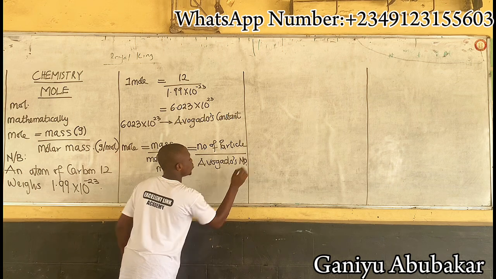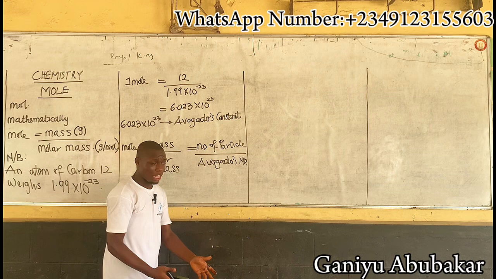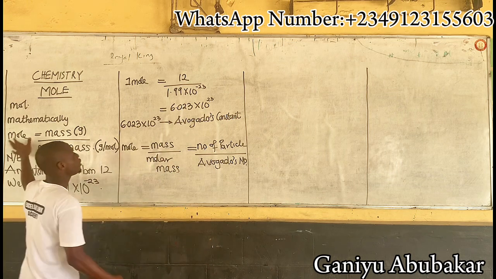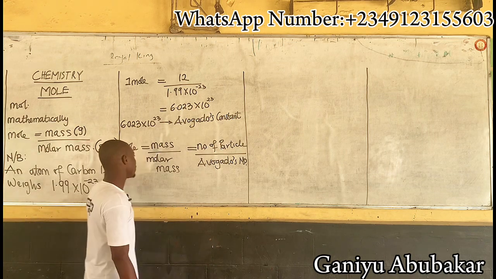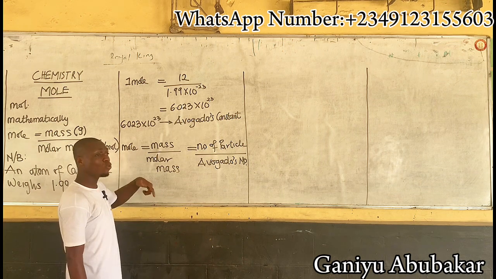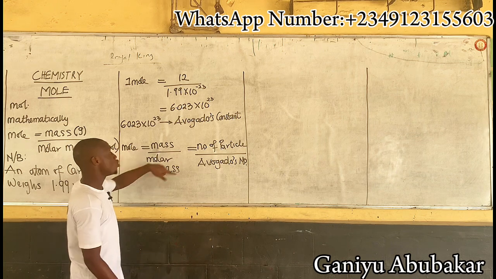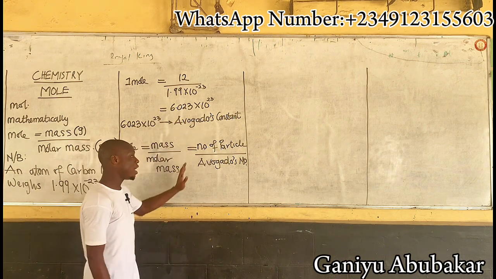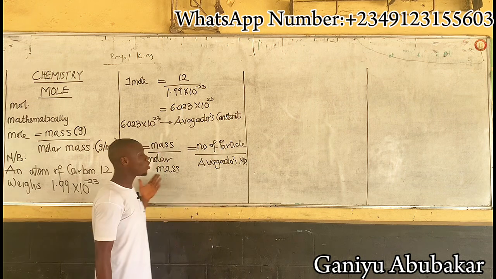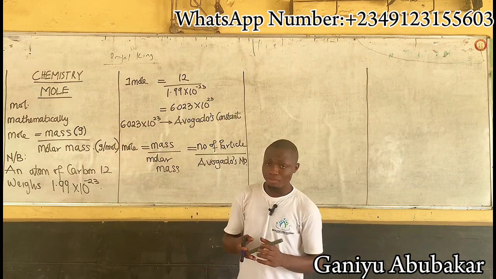You can call it Avogadro's constant or Avogadro's number. So in expressing mole in terms of Avogadro's constant, I'll have this formula. Note that aside from mole being equal to mass over molar mass, it can still be expressed as number of particles over Avogadro's constant. So this becomes your mathematical formula for calculating mole.